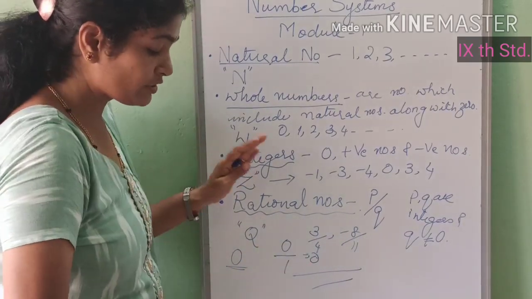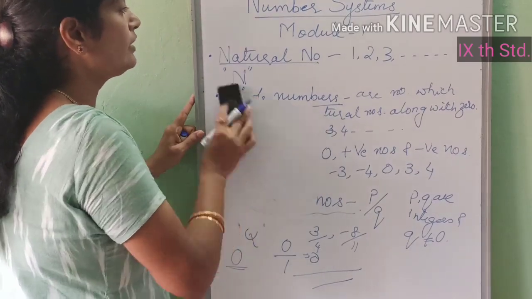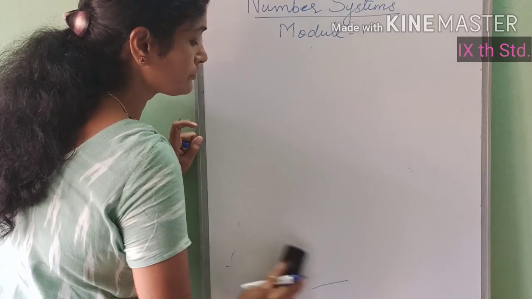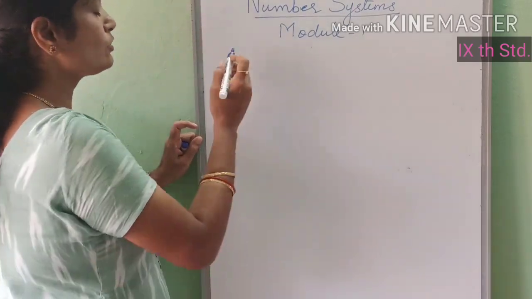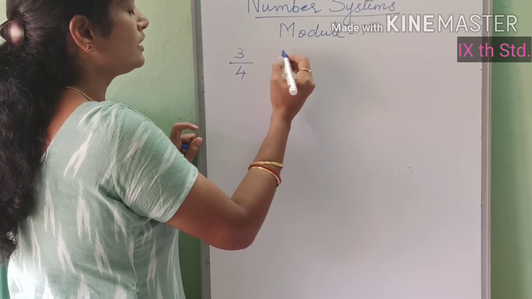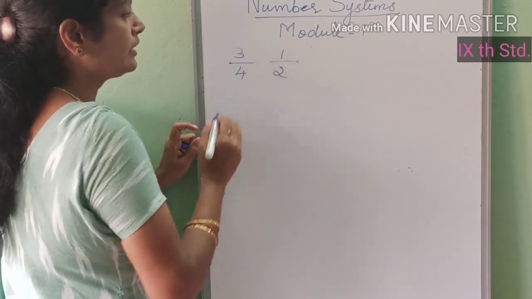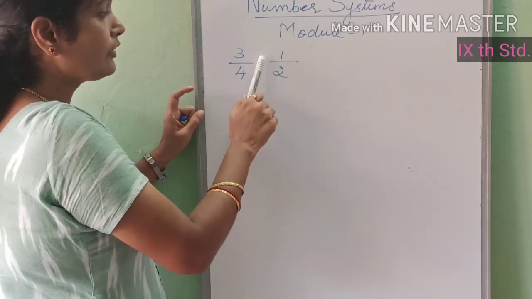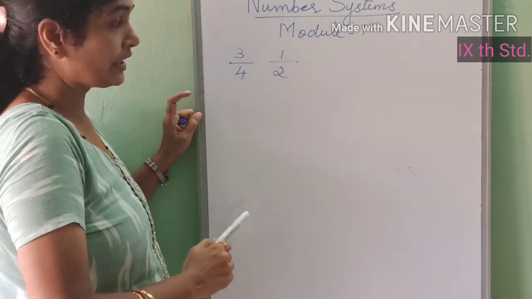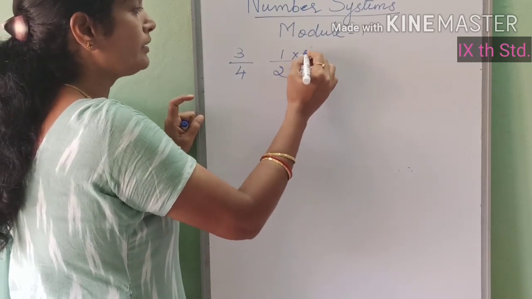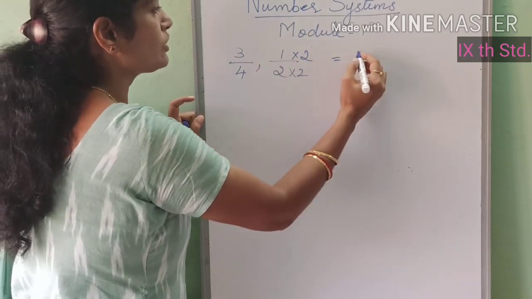Some more things about rational numbers you have studied. Given any two rational numbers, say 3 by 4 and 1 by 2, you can give me another rational number in between these two. Either by making the denominator the same, or getting them into equivalent fractions.